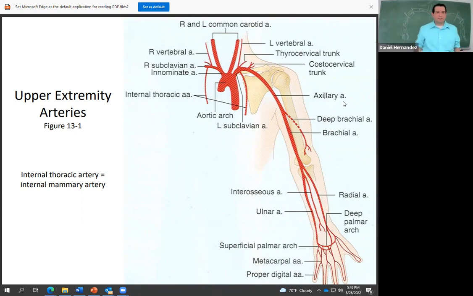So this is a nice schematic diagram showing, from the aortic arch, all your vessels on the left side here. So again, as we said, it's just the vessel changing names as it courses.